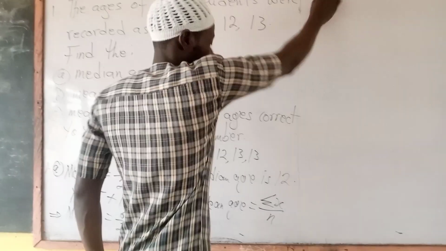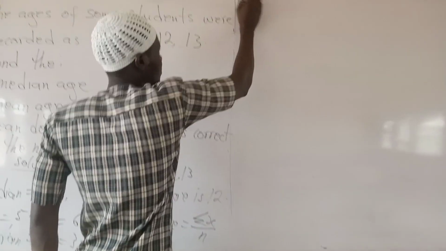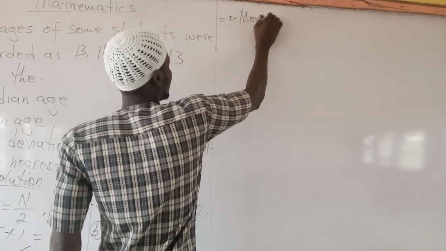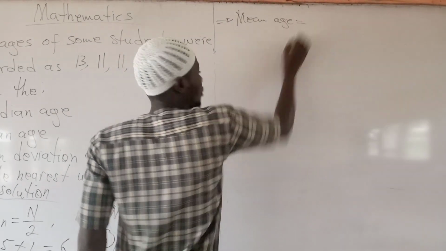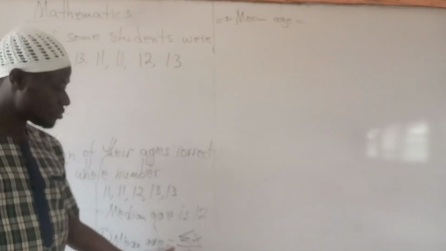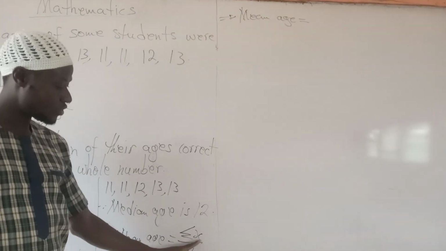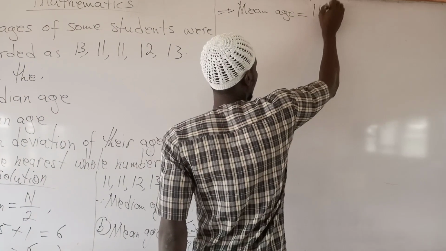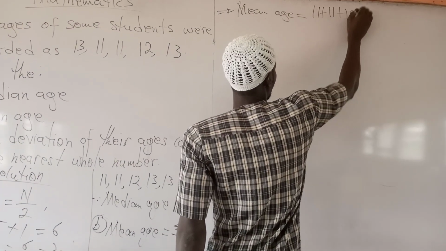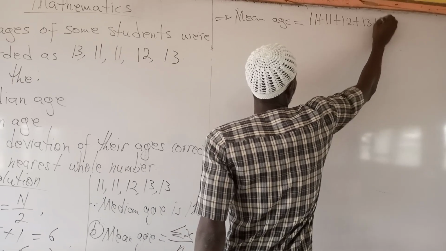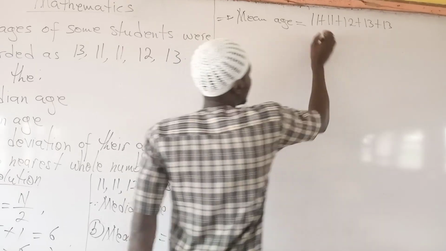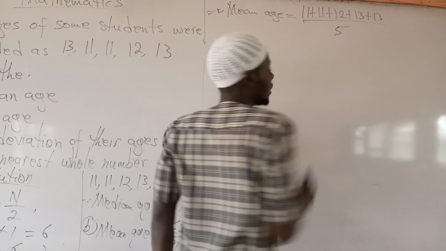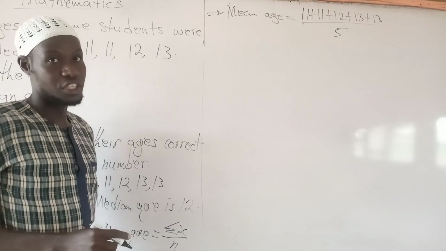And so continuing, this implies our mean age will be equal to the sum of ages. So we add all the ages together. We have 11 plus 11 plus 12 plus 13 plus 13 divided by the number of ages, which is 5. The n here stands for number of ages.